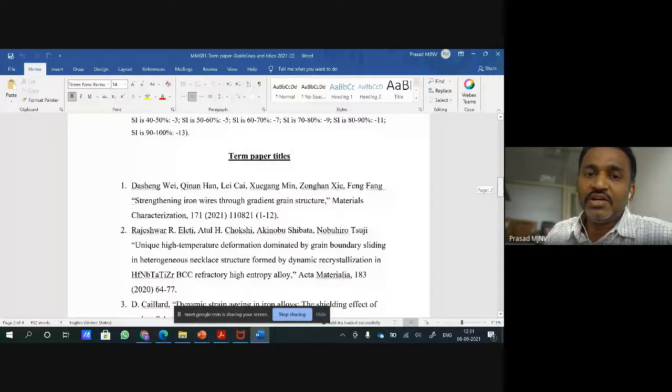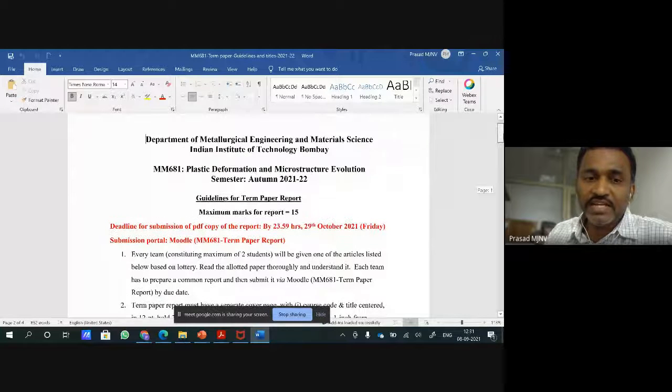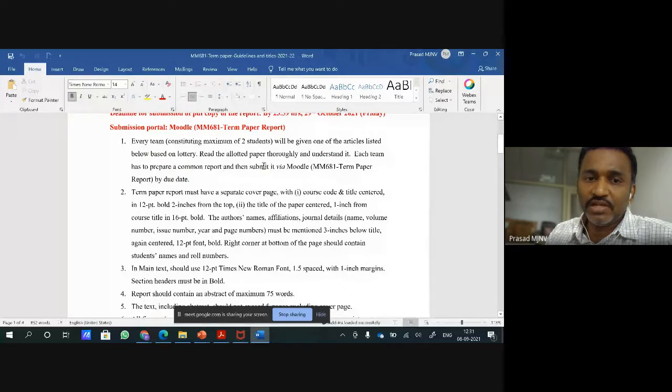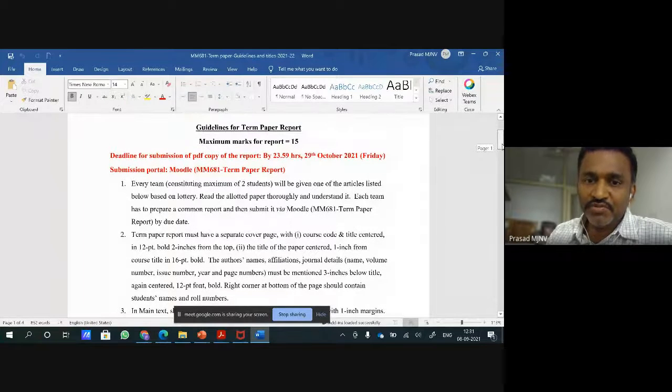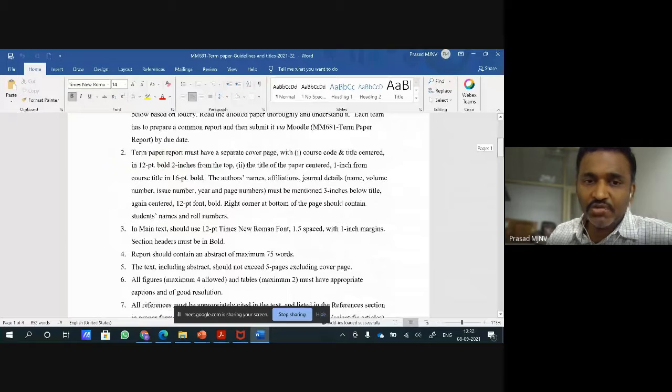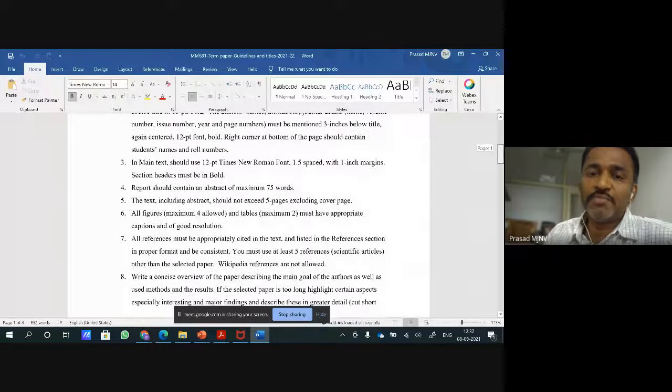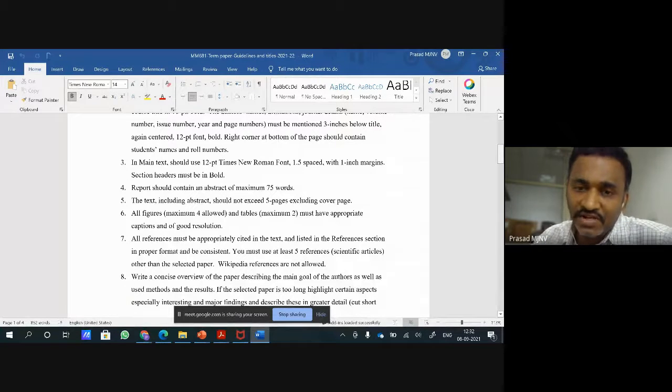The guidelines are here, and I think everything is mentioned. This is the guidelines for the report, maximum 15 marks. Apart from this paper, you need to refer at least 5 more references connected with the paper.